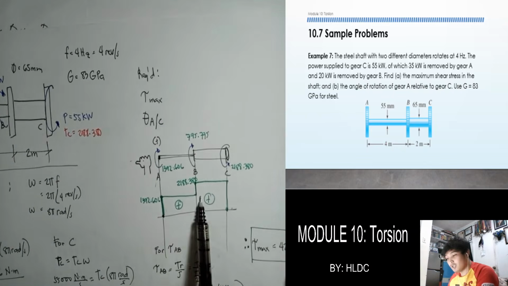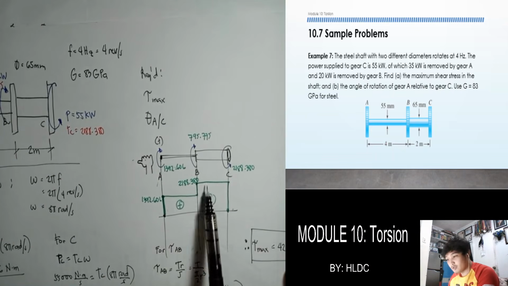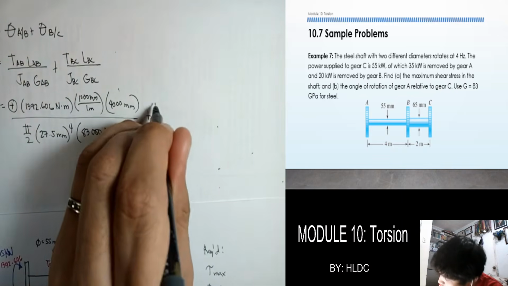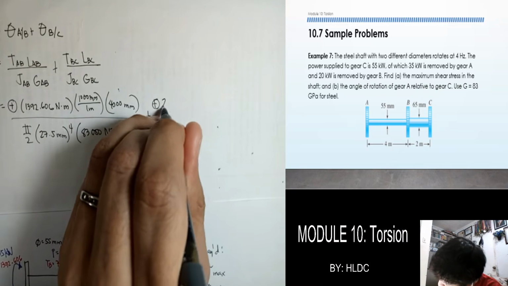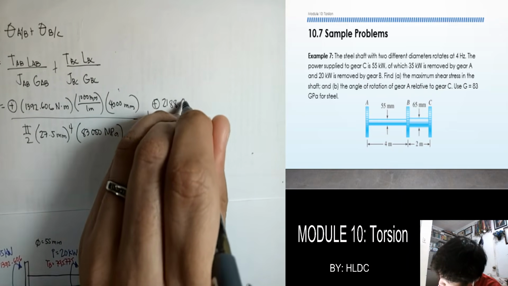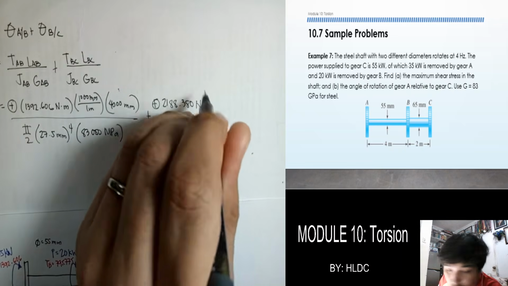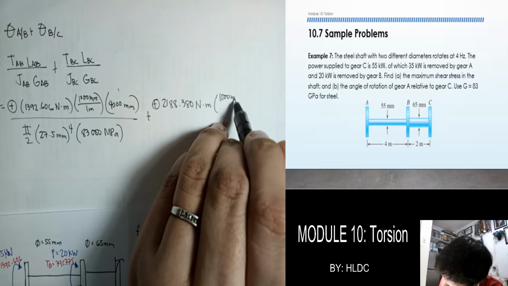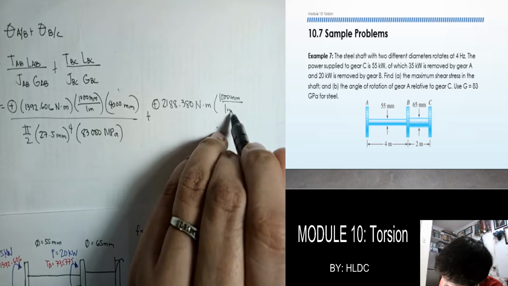Okay, and then plus T, torque sa BC. Nasaan yung torque sa BC, class? Ito yung segment BC. So, ito yung torque niya, di ba? 2188.380, which is positive. So, lalagay ko dito rin, class, is positive 2188.380 Newton meter, and then co-convert, so 1000 mm over 1 meter.